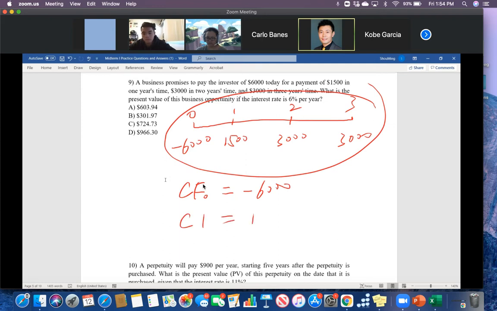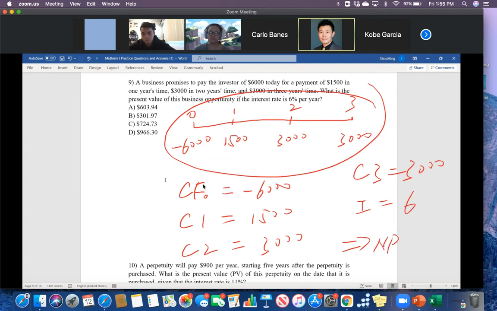Should equal 1,500. C2 would equal 3,000. C3 would equal 3,000, right? So just follow the similar steps I just showed you in your financial calculator to use the cash flow sheet function, and also let your financial calculator know that the interest rate is 6%. Then you can easily calculate what the NPV is in this case.